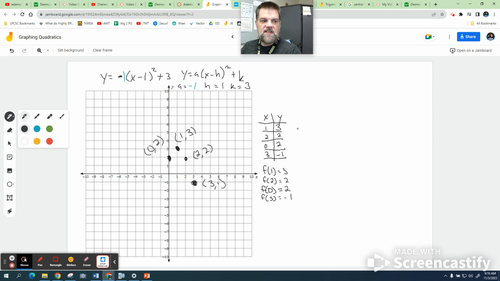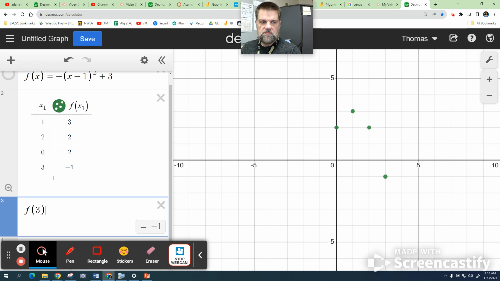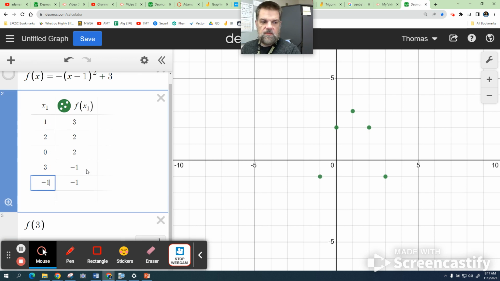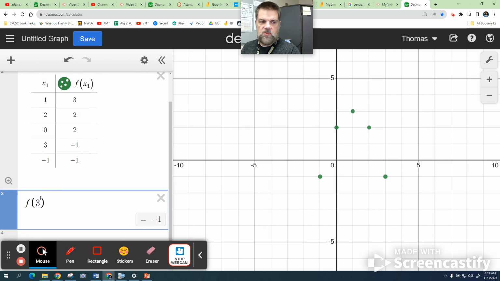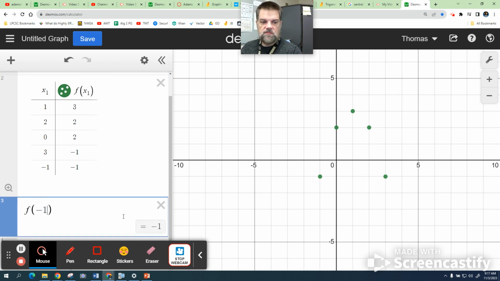Now, if I have a line of symmetry, right, my line of symmetry goes through the vertex. And if I'm 2 units that way, I should be 2 units over here, right? It should be -1 comma -1. Let's verify that in Desmos. -1, yep, -1. And then lastly, if I put in my -1 here, -1.